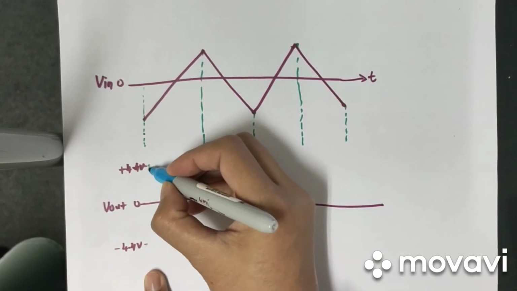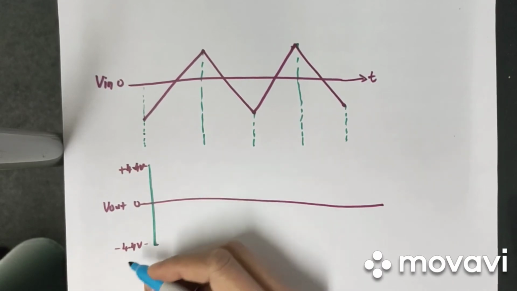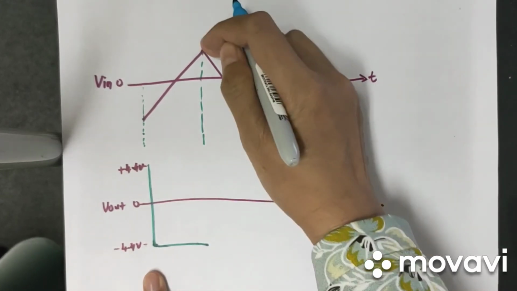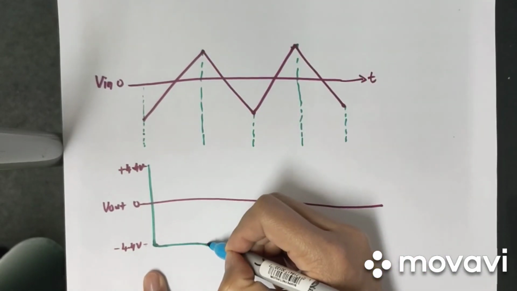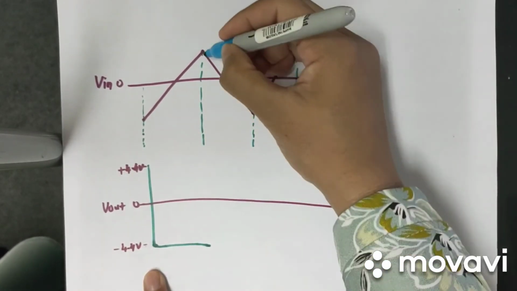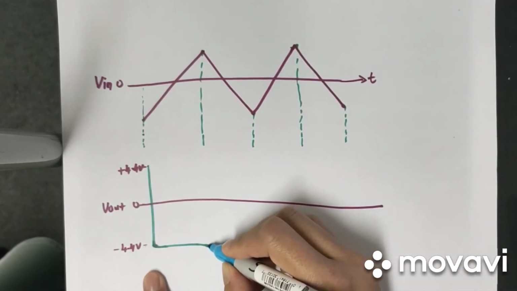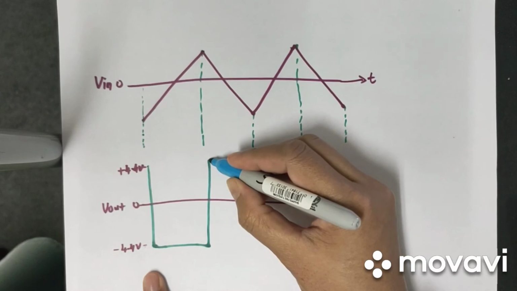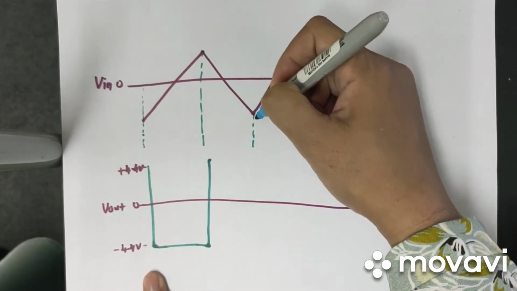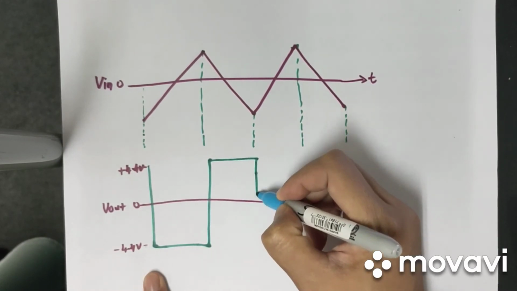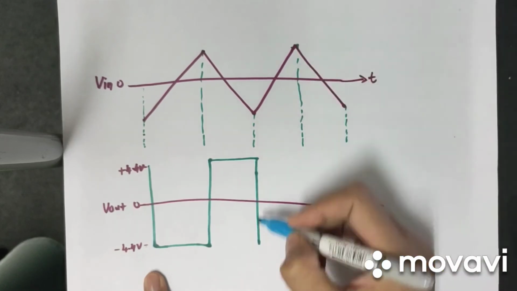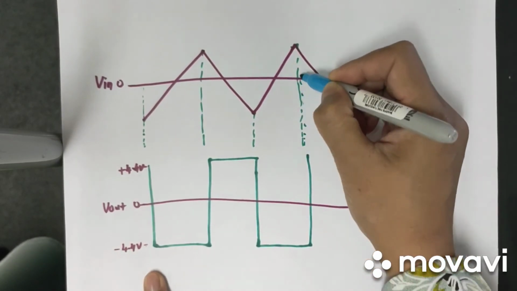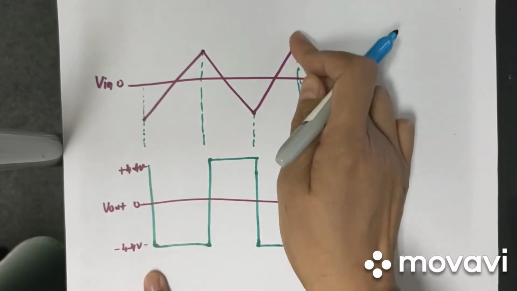For positive going ramp, it will go down until the negative maximum, this point up to here, and then when it is negative going ramp, it will switch back to a maximum positive voltage, and then it switches back, then it switches ramp up, so it switches up. Sorry, assume that it follows this grid.